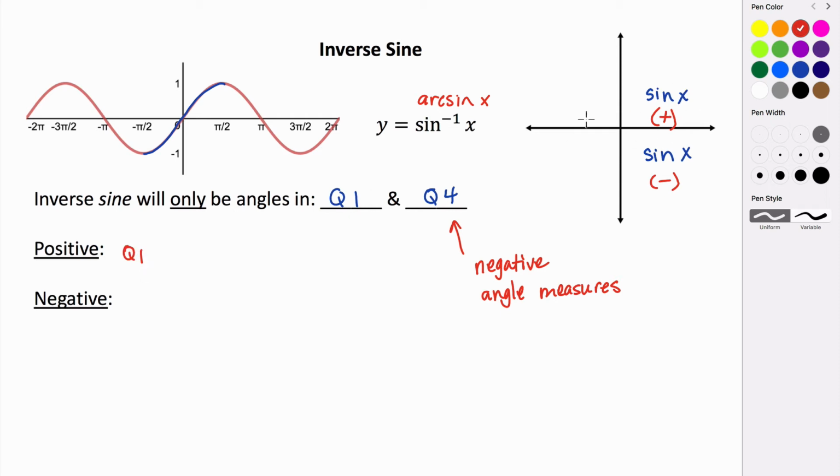And if we take the inverse of a negative measure, that's going to give us a value in the fourth quadrant. So again, for the sine, the reason why we had to restrict the values from -pi/2 to pi/2 is so that our inverse would be a function. And we wanted it to be from -pi/2 to pi/2 because that gives us a continuous function that goes through the origin.